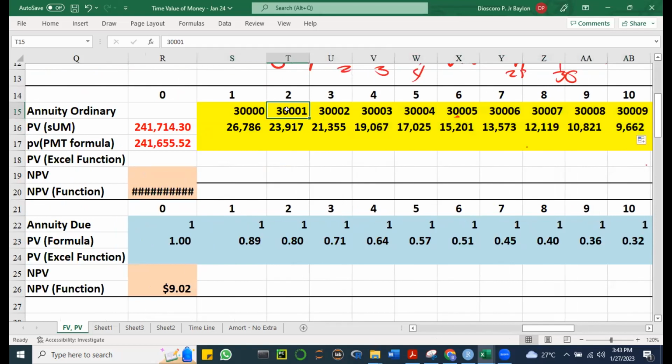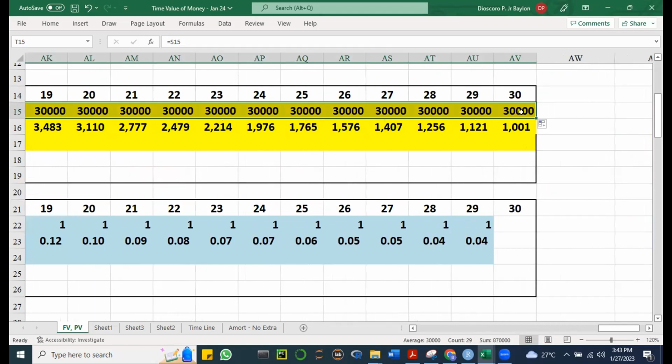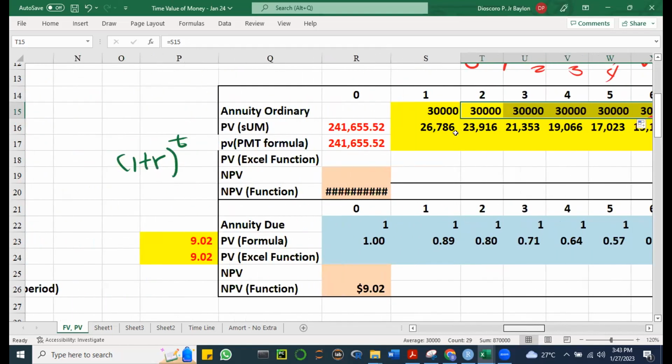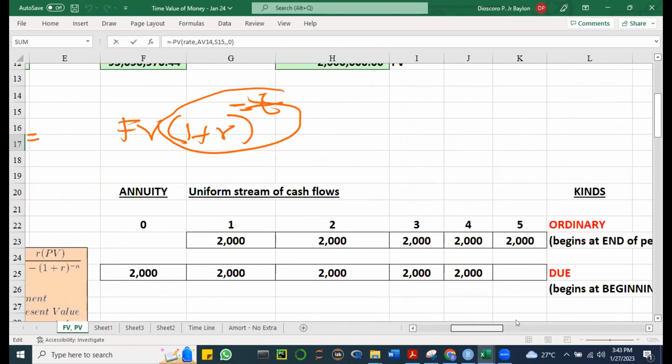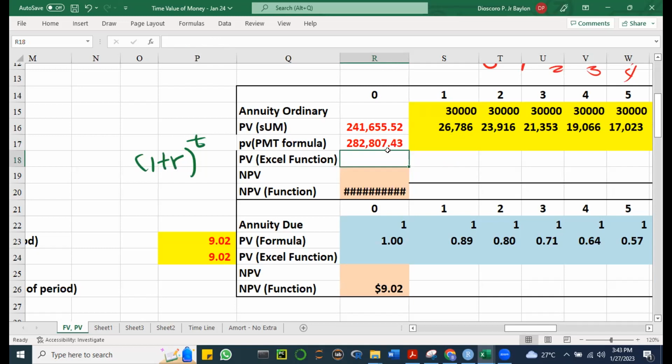It should only be 30,000. All right, 30,000 for 30 years. And the rate should be 10%, no? If I replace this by 10%, we'll get the same answer. 282,807.